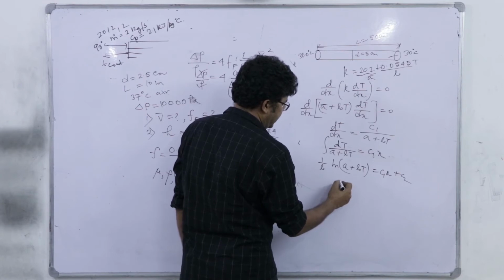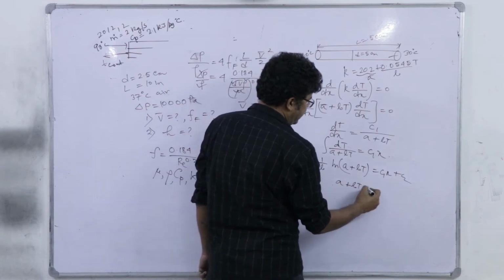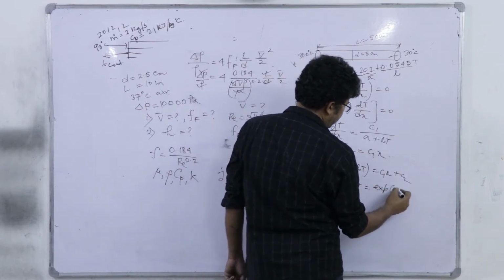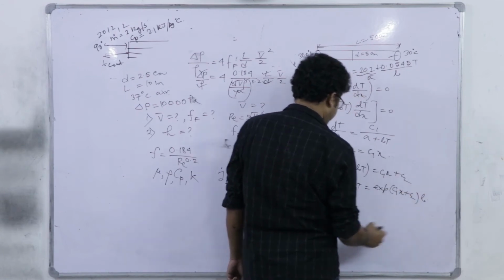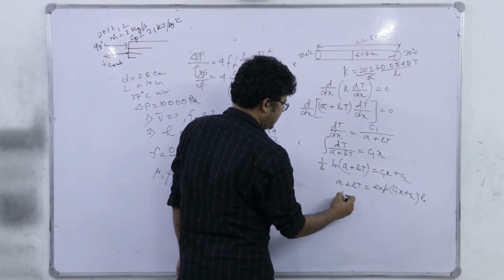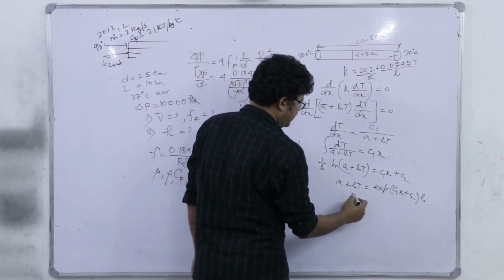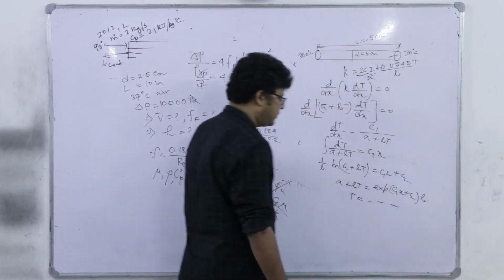So basically A plus BT is equal to exponential of (C1 x plus C2) into B, and from here we can get the expression for T.